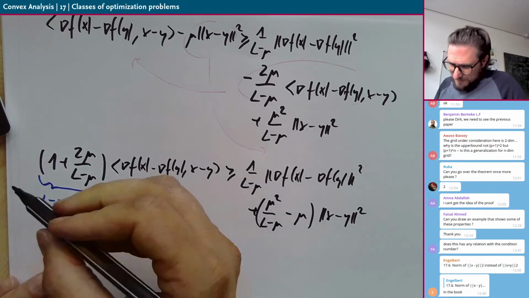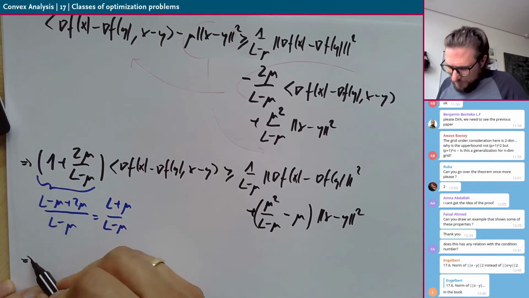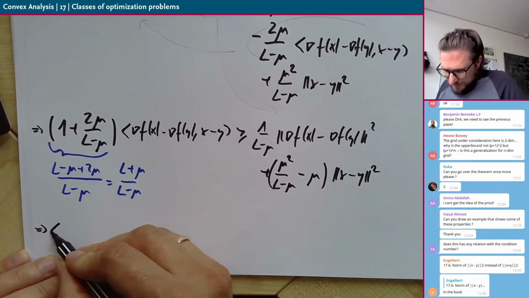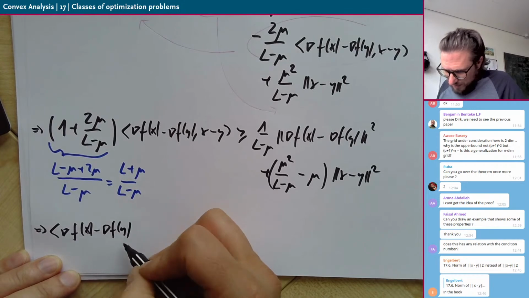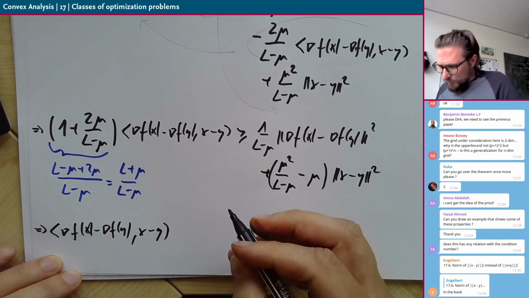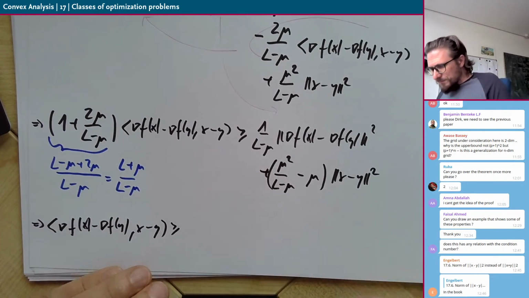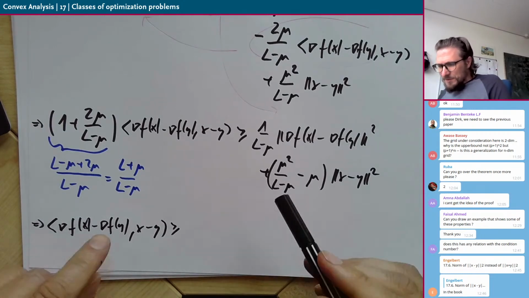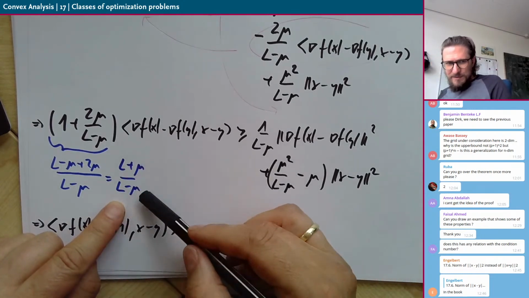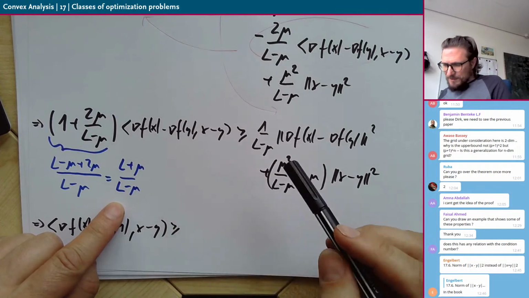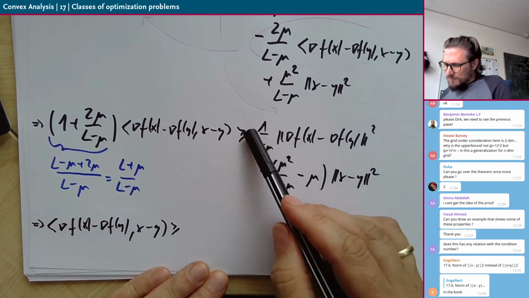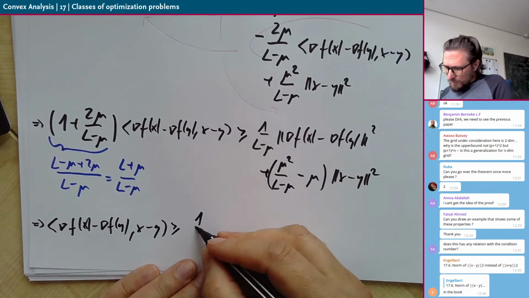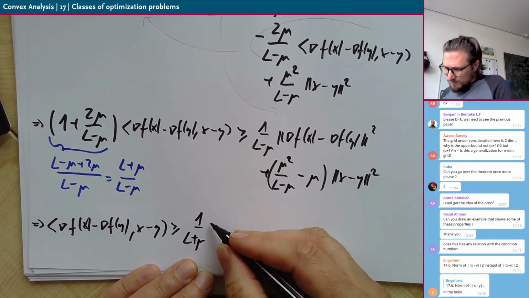So this follows from that, and from that it follows that the inner product of gradient f of x minus gradient f of y with x minus y is larger or equal to. So this now is simple. We multiply by the inverse of that, so by L minus mu divided by L plus mu. If you multiply by this, we get 1 over L plus mu as desired.